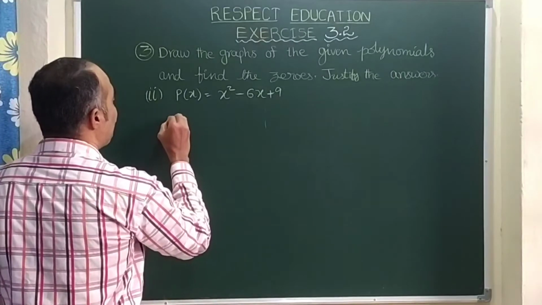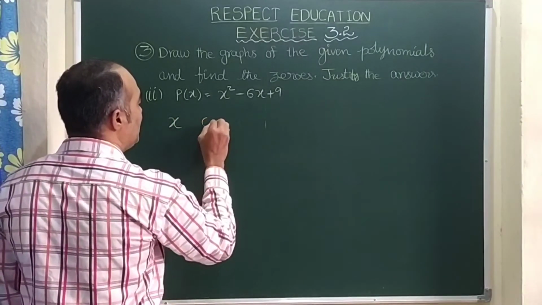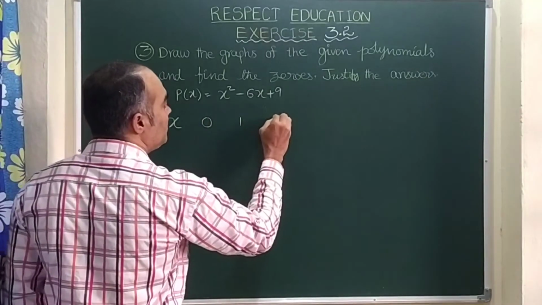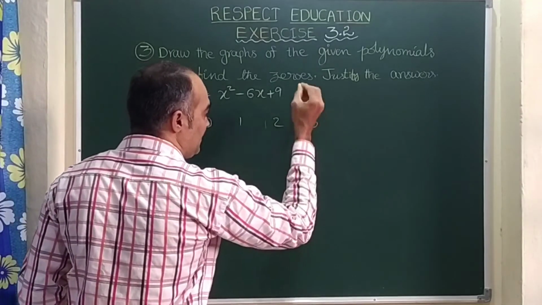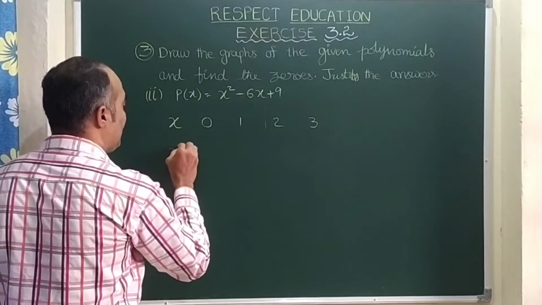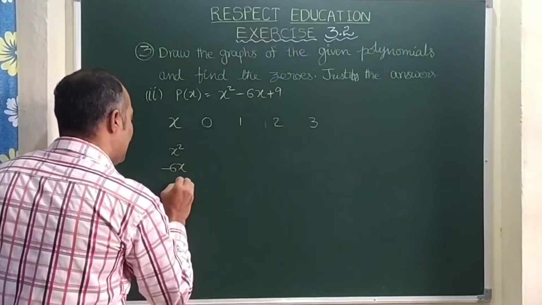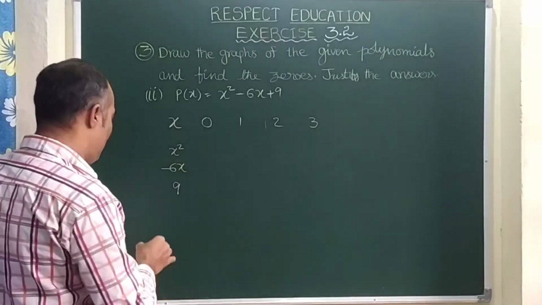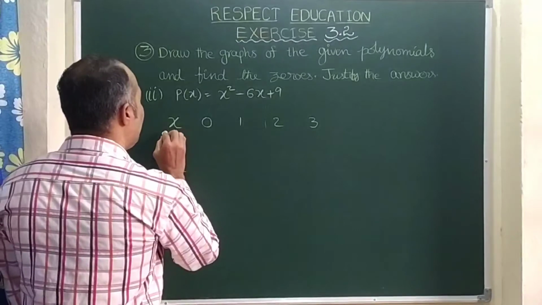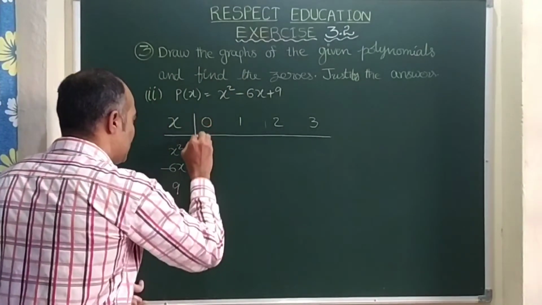First I am taking x values, starting with 0, 1, 2, then 3. As usual first column is for x square, second one is for minus 6x, third one is for 9. Now to maintain the gap, I am drawing a line here, and here also.